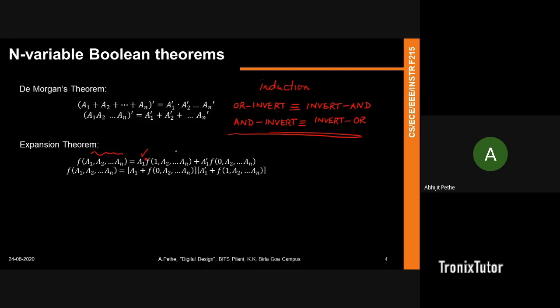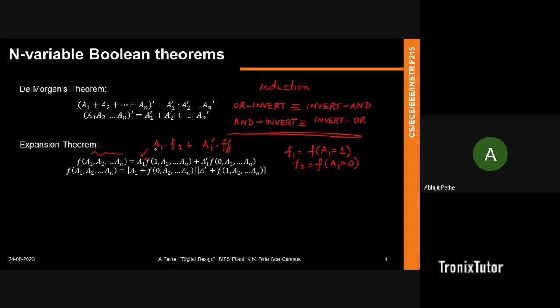So I can evaluate this function as f1, where I've evaluated f with a1 equal to 1. And I can evaluate an f0 function, which is f with a1 equal to 0. So I can define this function as a1 ANDed with f1 plus a1 prime ANDed with f0, right?